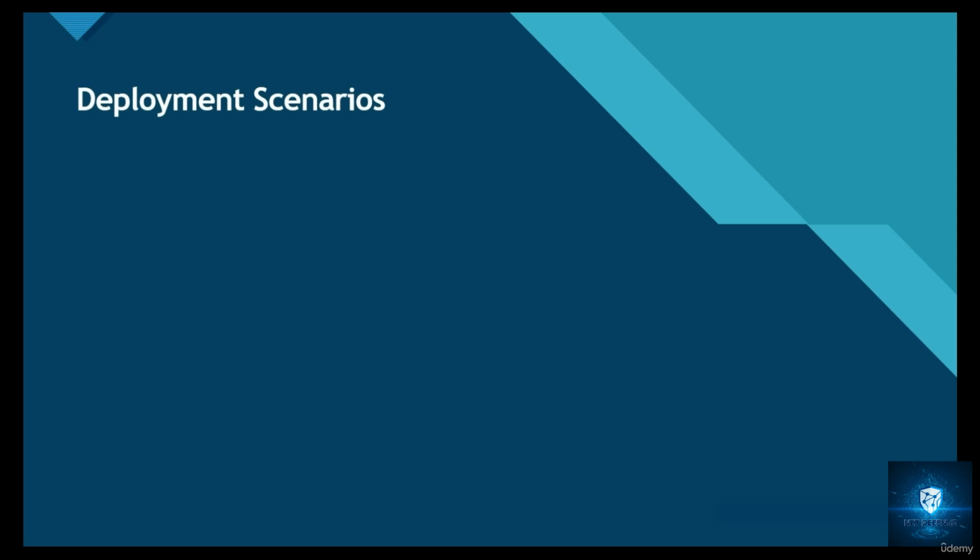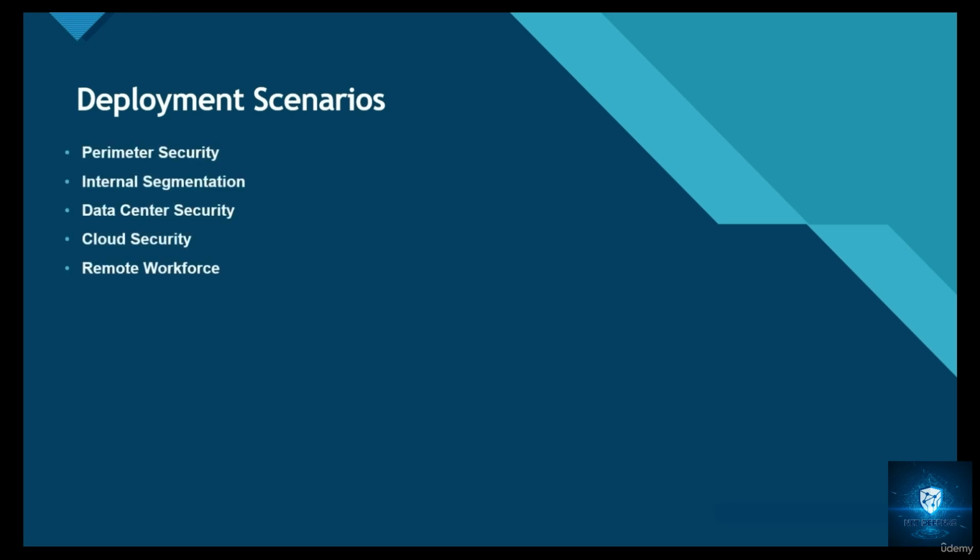Palo Alto Networks firewalls can be deployed in various scenarios, each tailored to meet specific security requirements. Today we will cover five primary deployment scenarios. Number one is perimeter security. Then we will discuss internal segmentation.